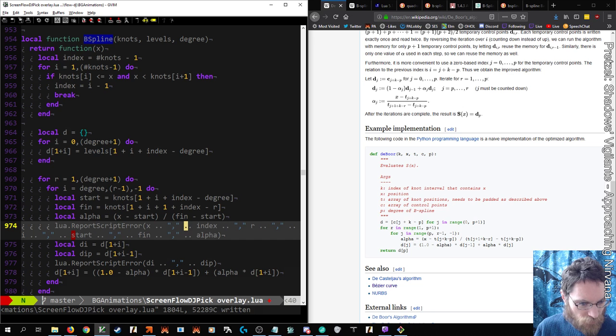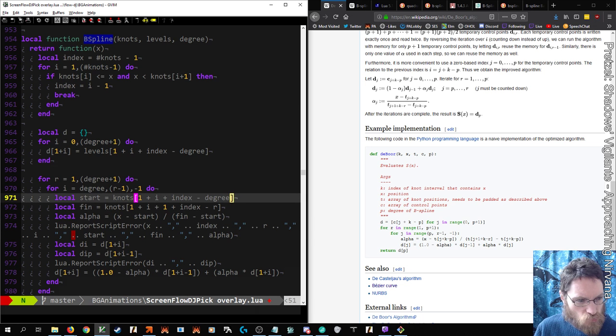Selecting index, and then all of our iterators. So this is sub-selecting from levels based on that. So yeah, our two immediate edges, essentially.